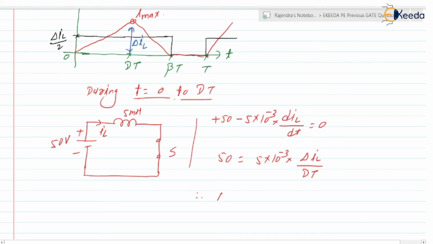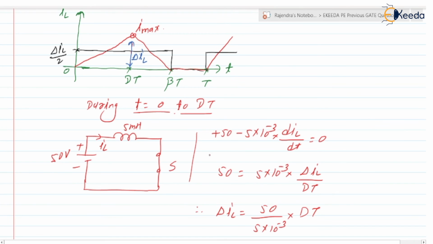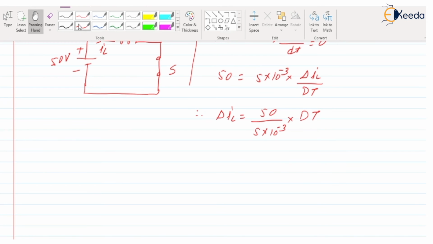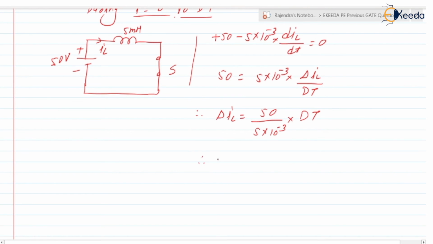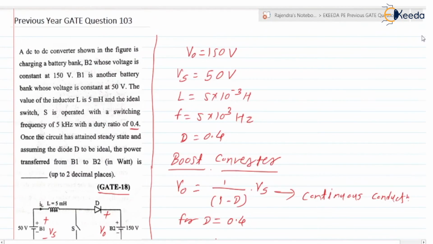So therefore we can write delta IL is equal to 50 upon 5 into 10 to the power minus 3 into dT. What is the D? It is given as 0.4, and T we can find. So delta IL is equal to 50 upon 5 into 10 to the power minus 3 into D, that is 0.4, into T, right? What is the T? It is 1 by frequency. What is the f?